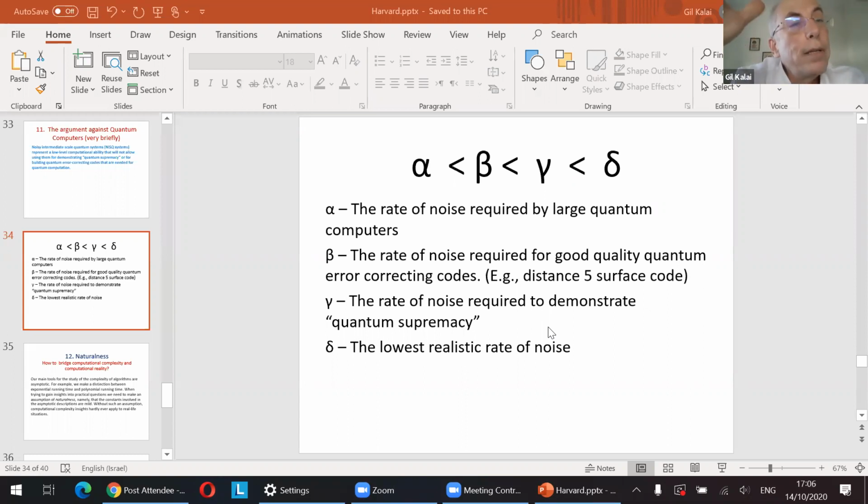You give me a device, and the reason you cannot have the gate fidelity larger than 0.99995 is that if you could make it, you would demonstrate a primitive computational machine that computes an intractable computation. This is the type of argument.